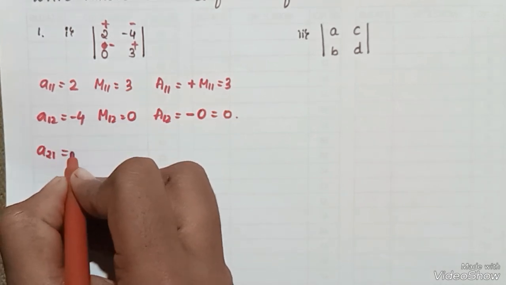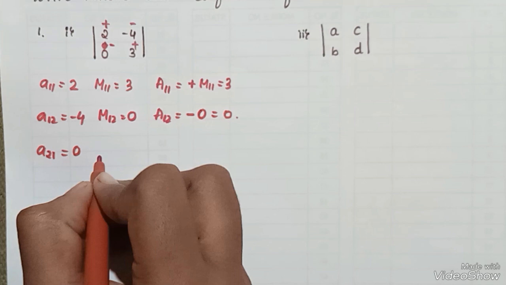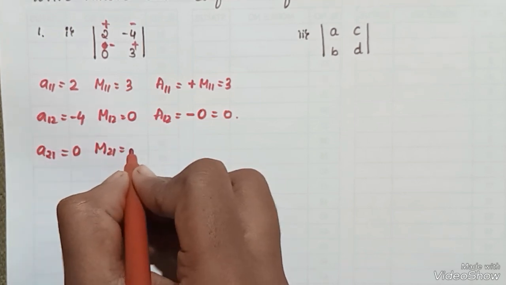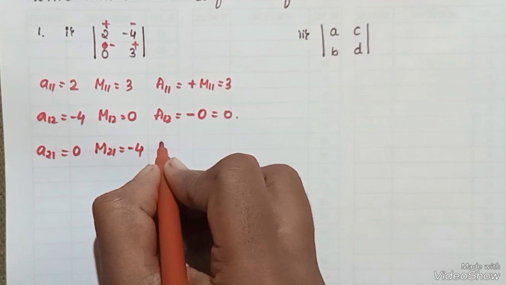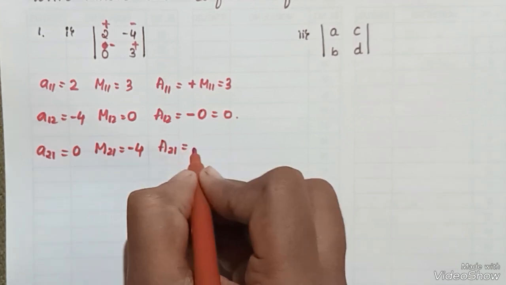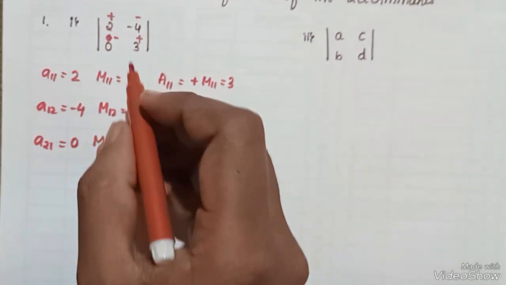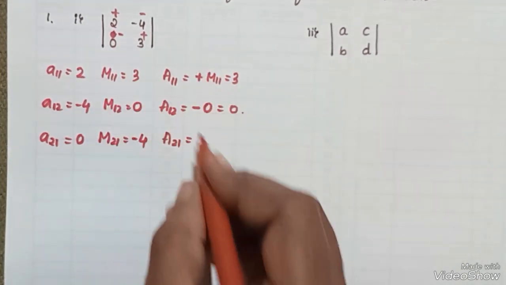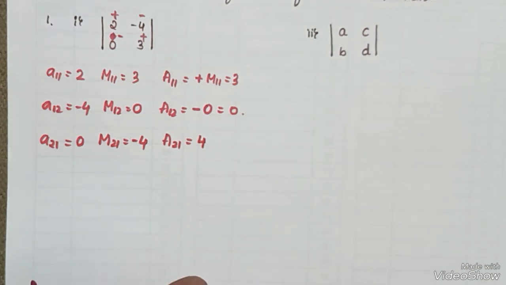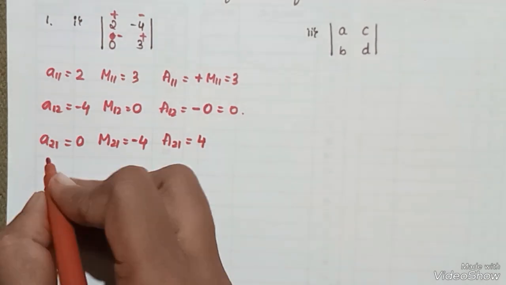Then A21, the element 0, the corresponding minor is -4, and for the element 21, the corresponding cofactor has a minus sign, so this becomes +4. The sign will be multiplied.